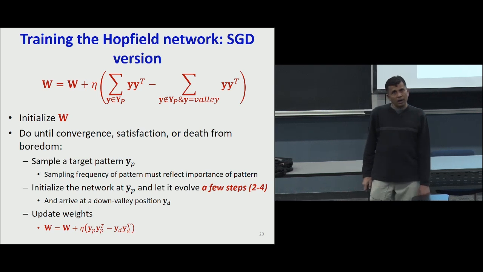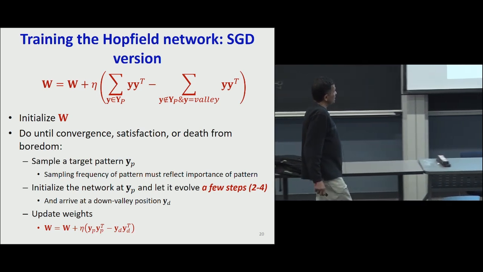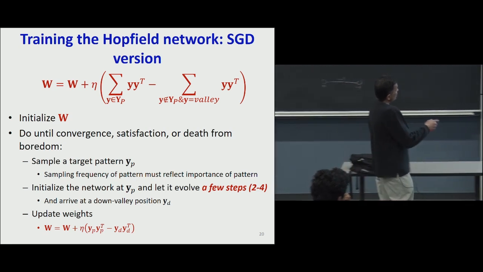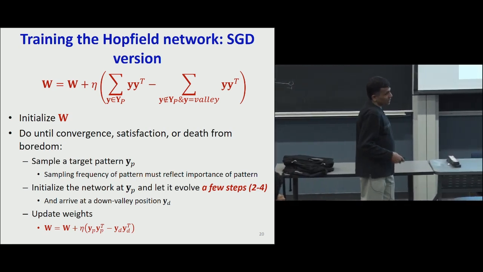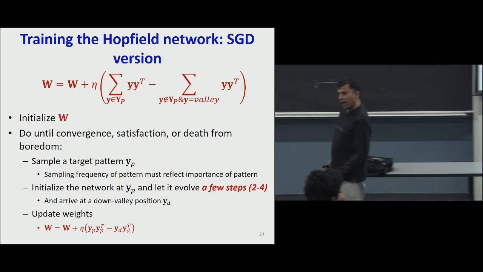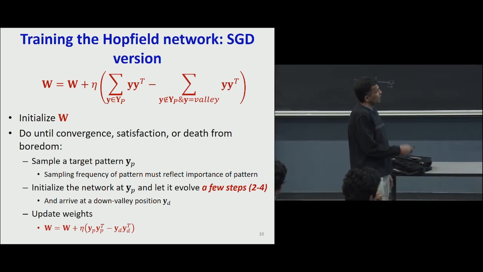So if you think of the stochastic gradient descent version of this entire learning rule, you'd initialize the weights, and subsequently, until the network has converged or you die of boredom, you sample the patterns that you want to store. The update rule has two components.